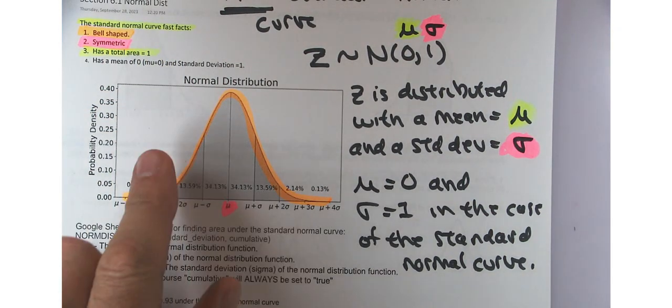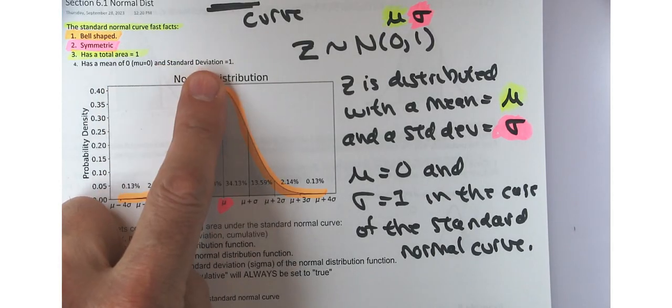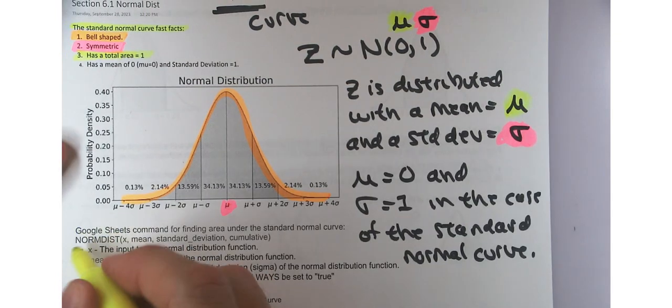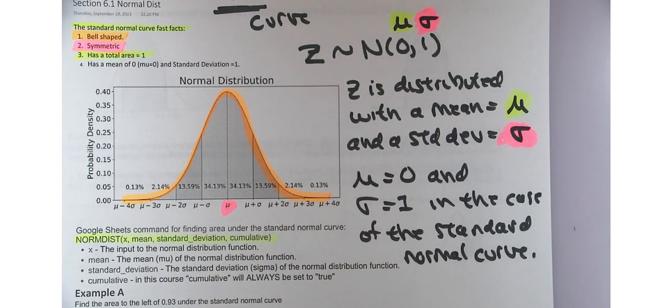And the standard normal curve, this is just a reminder here, has a mean of 0 and a standard deviation of 1. Your Google Sheets command that you're going to use in working with these areas is right here. NORM.DIST: X, mean, standard deviation, cumulative. Now for this course, and unlike our work with the binomial distribution, cumulative will always be set to true.